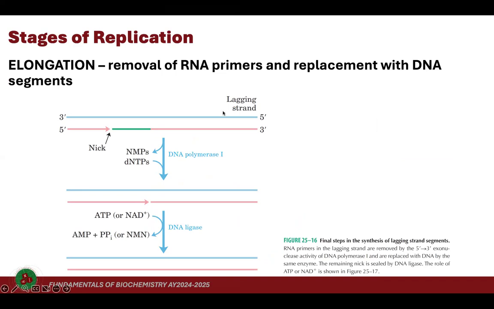Now, during elongation, this is also when the RNA primers are removed. Again, this is made possible by DNA polymerase 1. The RNA primers in the lagging strand are removed by the 5' exonuclease activity of the DNA polymerase. So in the lagging strand here, you have a nick there.